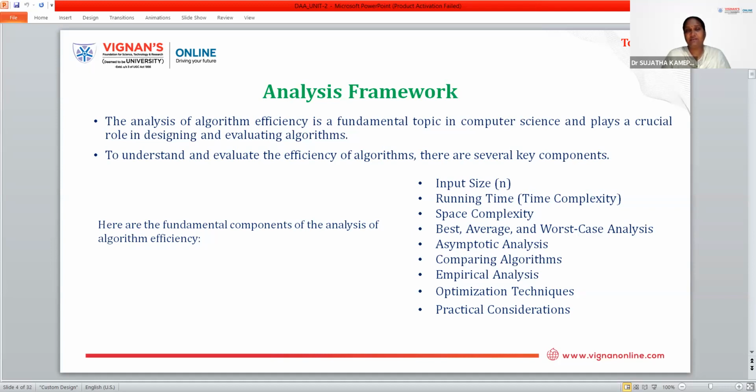I hope that you all understood the key components present in algorithmic analysis.